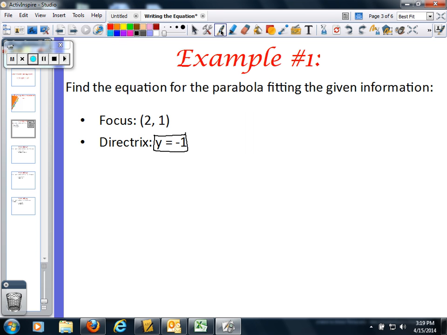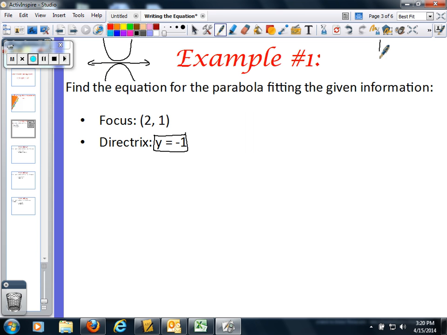Because if you remember, if the directrix is a horizontal line, it means the graph opens up or down. If the directrix is a vertical line, then that means that the graph is going to open left or right. Because if you remember, it looks like this. It's either going to look like that, or it would look like this. That's if the directrix is a horizontal line.